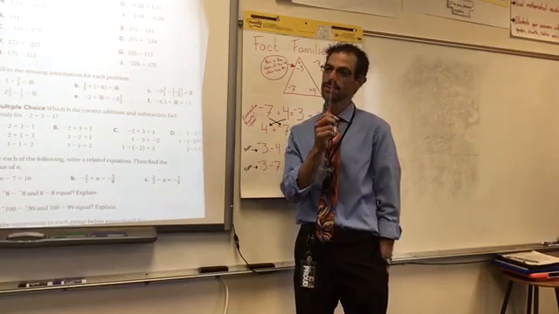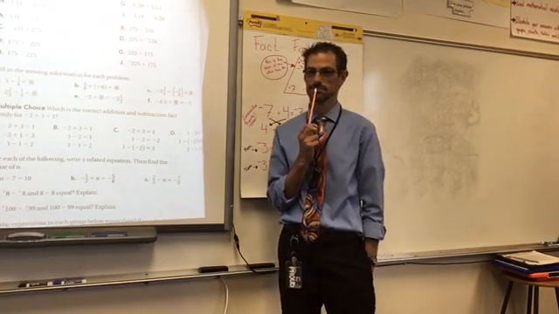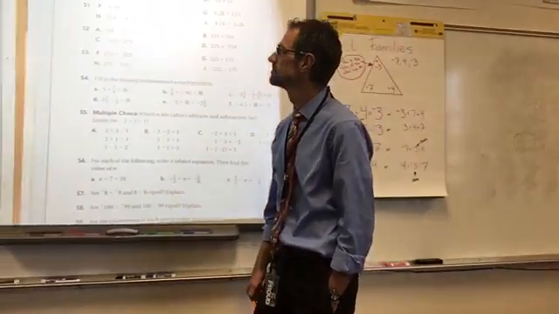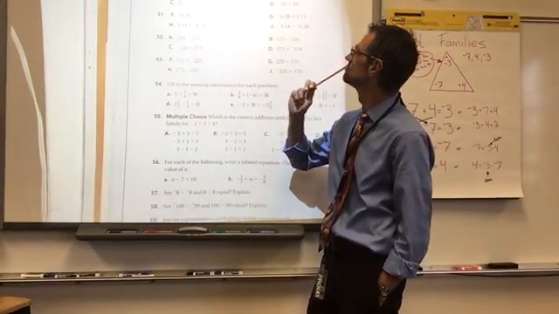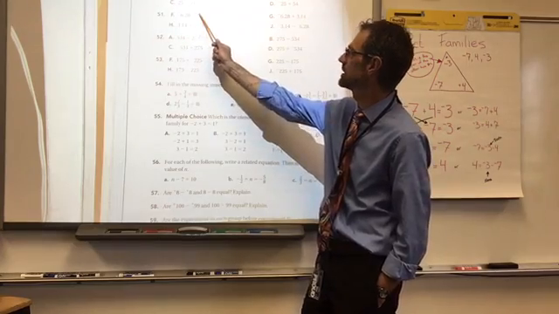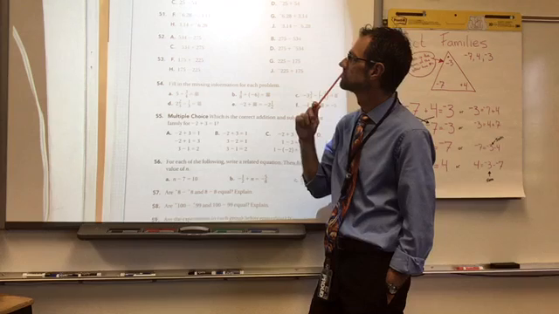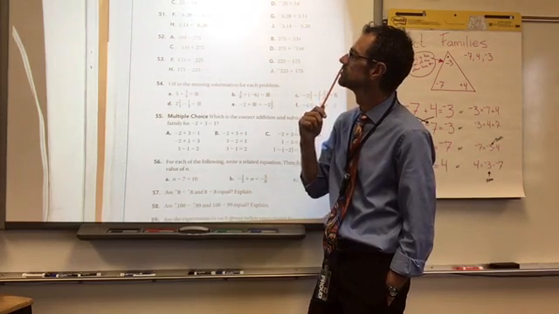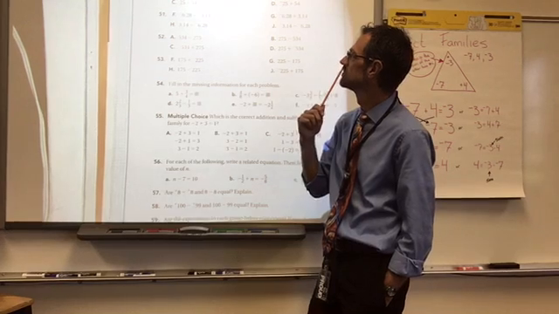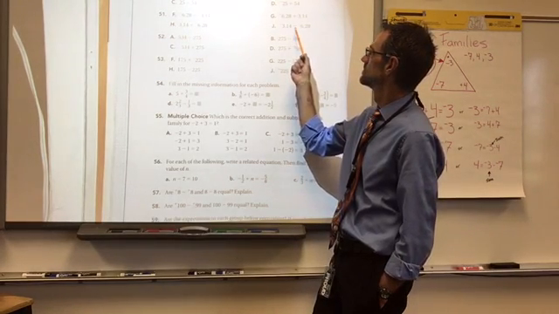So, Kendra. I thought it was H because the first one, well, F and G are the same because subtracting a negative is like adding a positive. And then for J, it was a negative minus a negative, so subtracting a negative again.